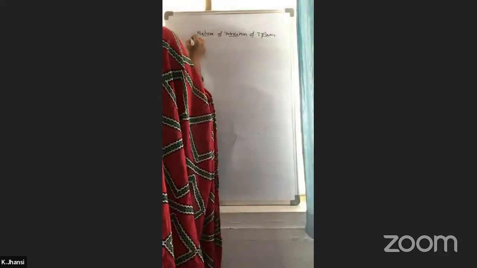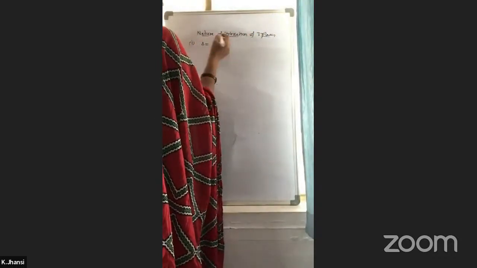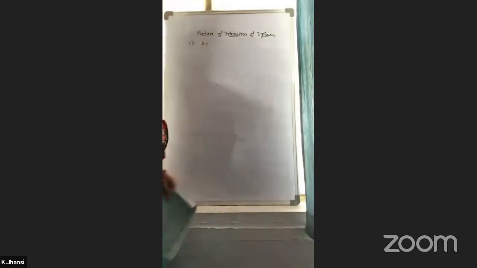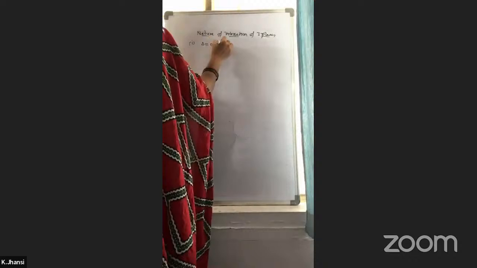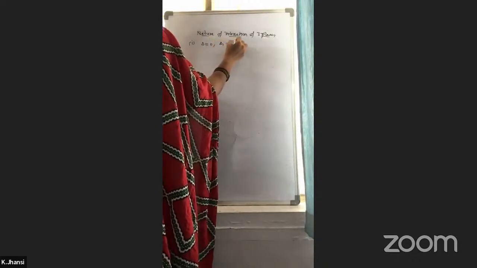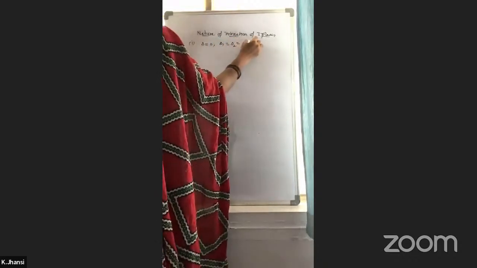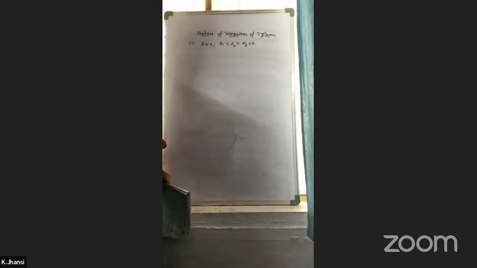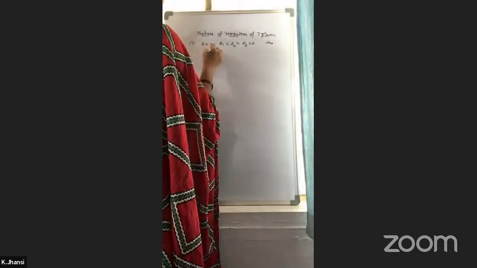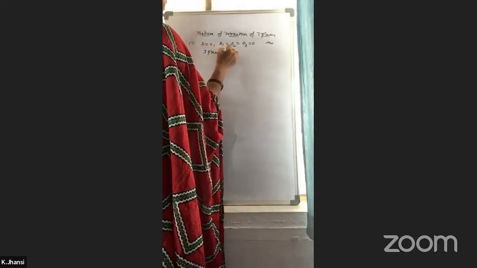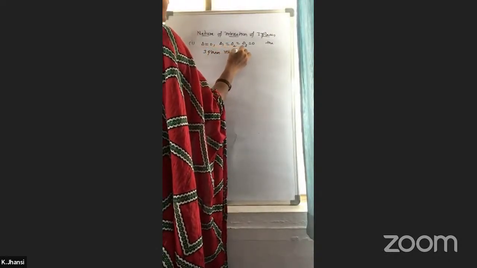So the first one is lambda equals 0, and lambda 1, lambda 2, lambda 3 also equal 0. Then the 3 planes intersect in a line.